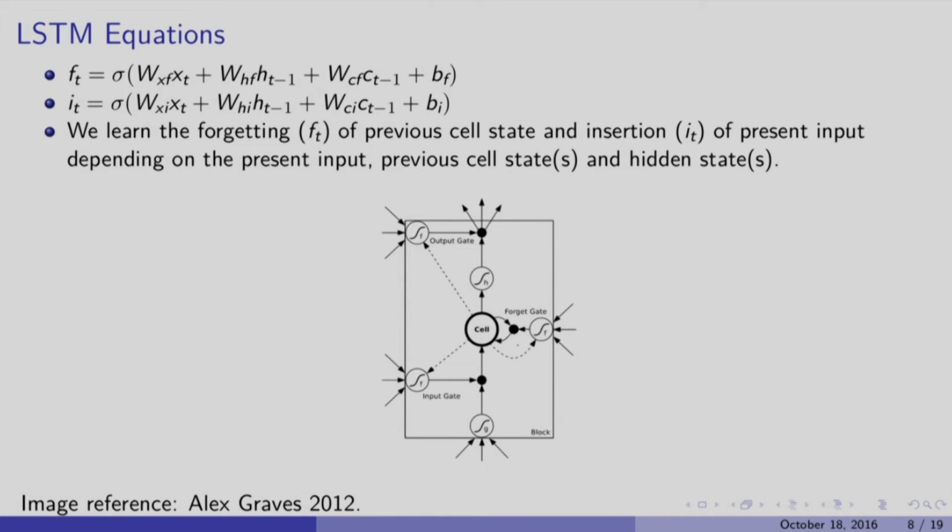So here is the LSTM. We have a forget gate which influences whether the previous state of the cell should affect the current state and to what extent.